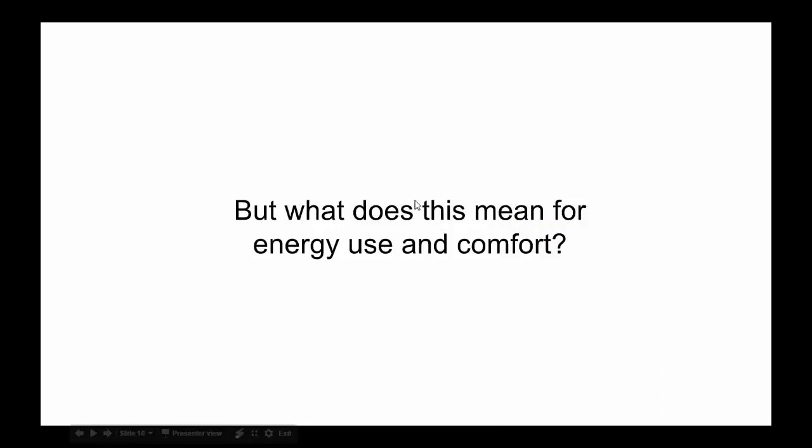But this time, we have to ask: what does this mean for our energy use and comfort? Because R value is not necessarily a real value that's quantifiable in terms of energy use or comfortable hours. It's a step removed from the things that we count as really valuable in our buildings.